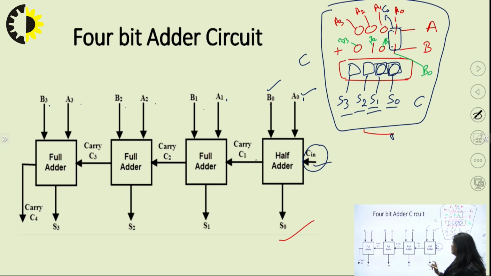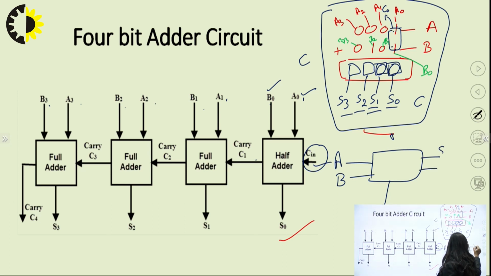Because in a full adder we have one additional option which deals with C, meaning the inputs can be A, B and this can be our carry or C in, and in the output I can have sum and carry. So this is our full adder. A full adder handles the carry digit, that's why I have used it here.